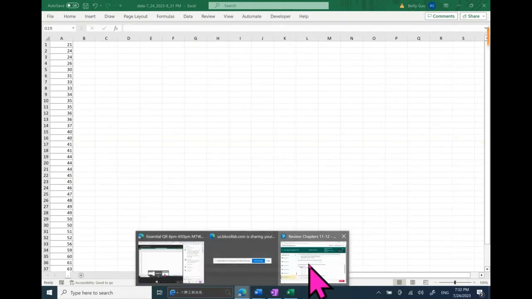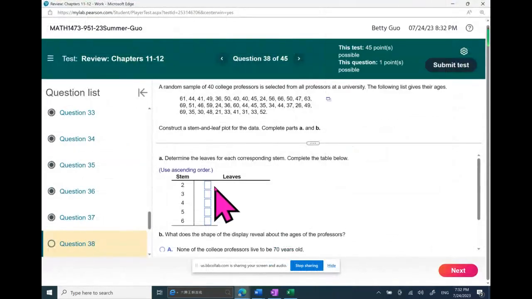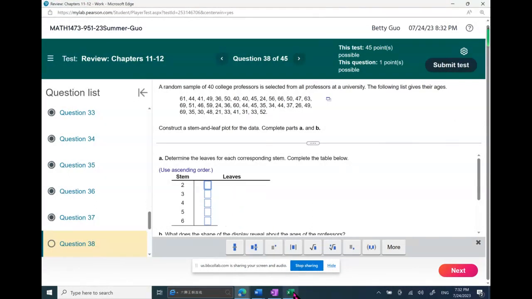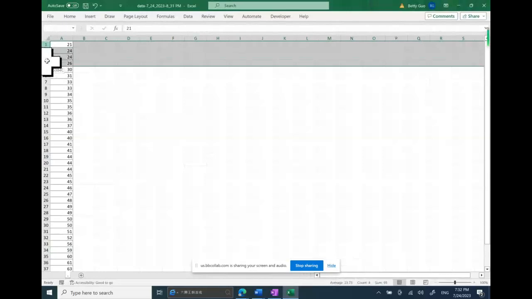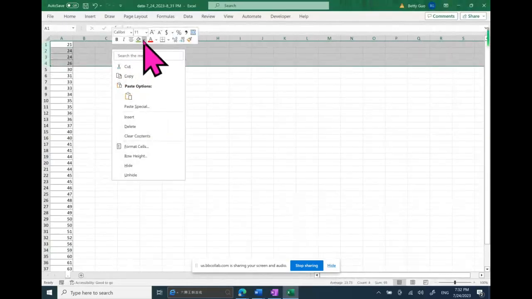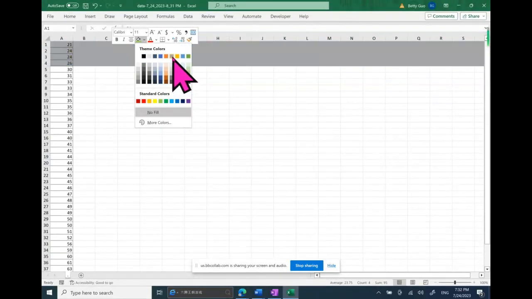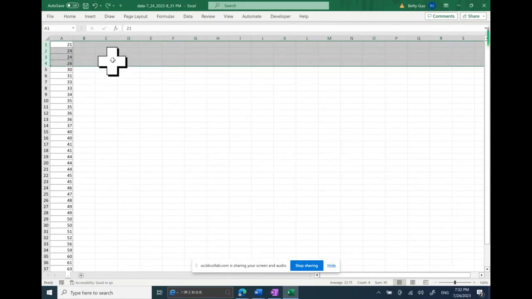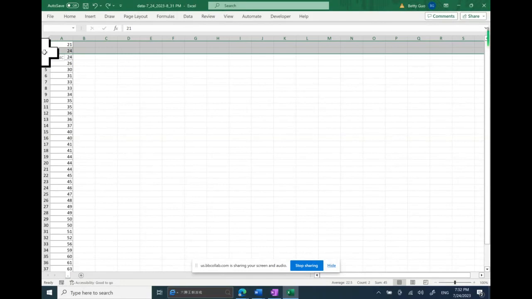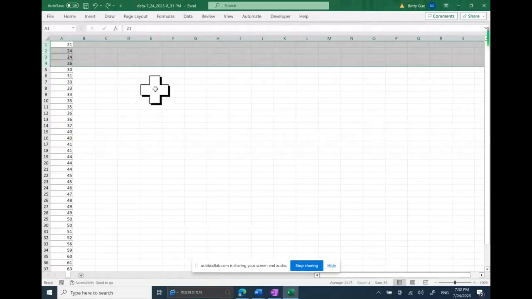We need to enter the leaves, right? Let's see how many 20s we have. We have this many 20s. I like to color them, then I can see better. So we're going to have the ones digits 1, 4, 4, 6.